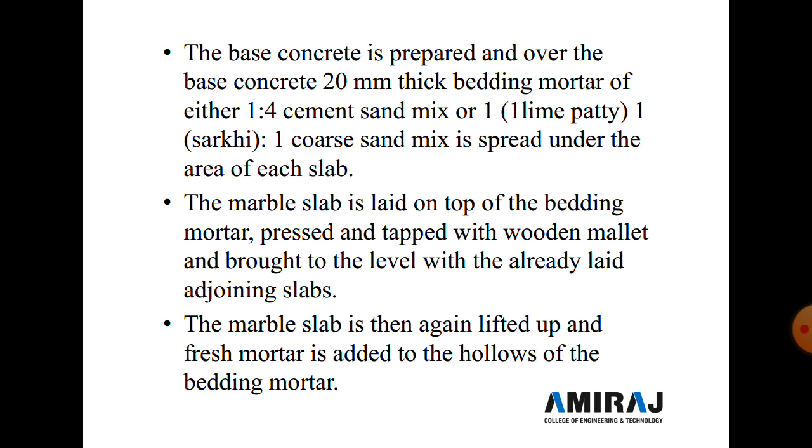So here one part of the cement and 4 parts of the sand is spread over it, and the marble slab is laid on top of the bedding mortar and pressed and tamped with a wooden hammer.